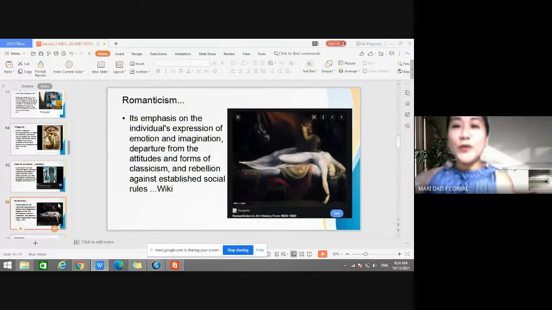Okay, the next one would be Romanticism. You look at this one, it comes from the word romance. So you can romance. When you say romance, it doesn't have to do only with love stories or sweet things.